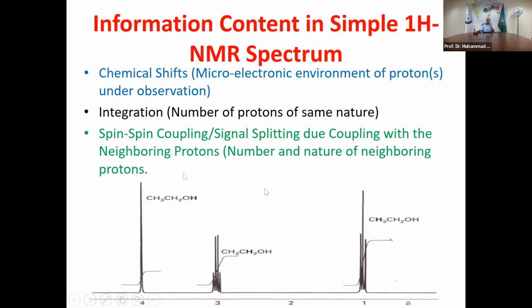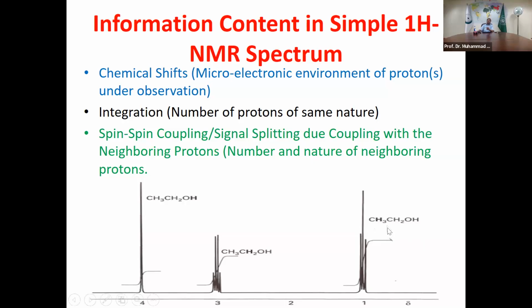Most important is the splitting of signals, which provides you information about the neighboring protons. And this makes NMR an extremely powerful technique because it gives you not only the electronic environment, chemical environment, which means the structure, but also the neighboring protons.